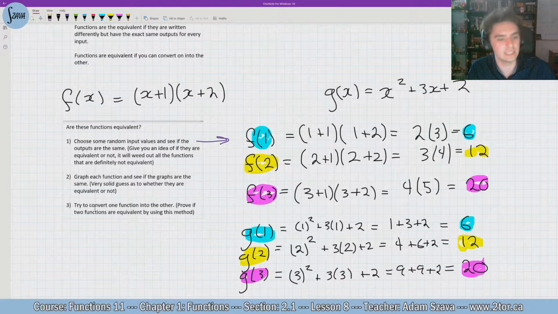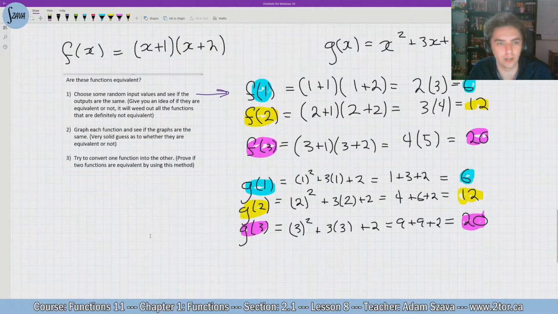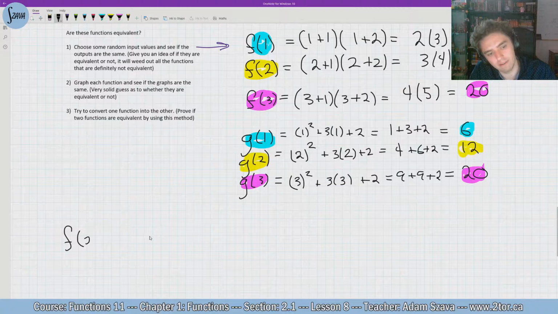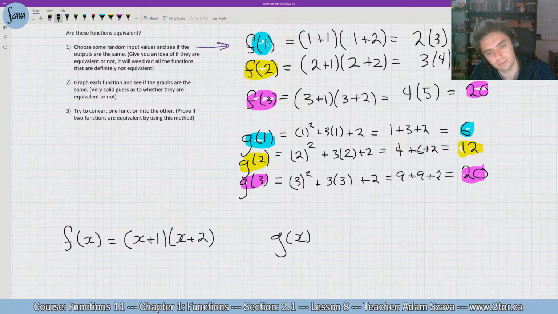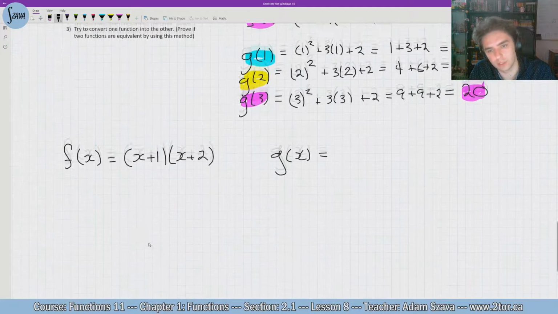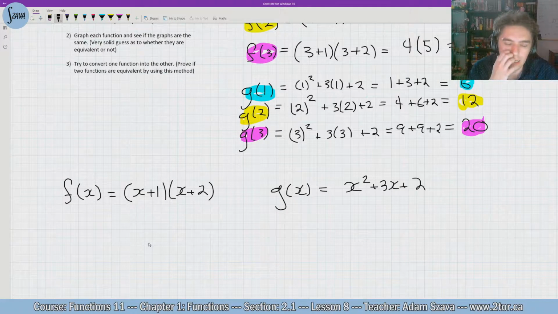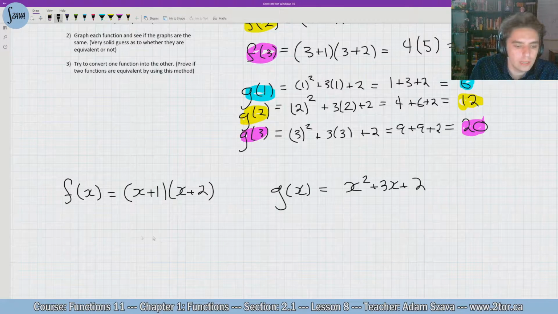And that method is you convert one function into another algebraically. Okay, so let me write them again here. f of x equals x plus 1 times x plus 2. And g of x is x squared plus 3x plus 2.